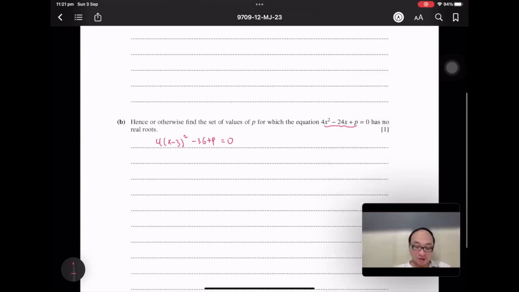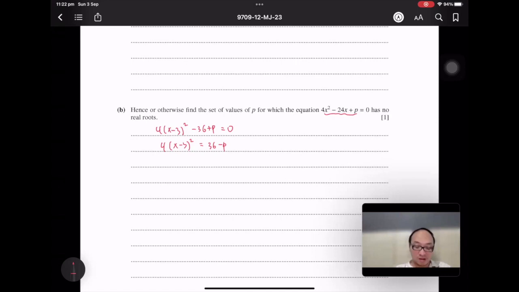So we can simplify: (x minus 3) squared equals 36 minus p over 4.